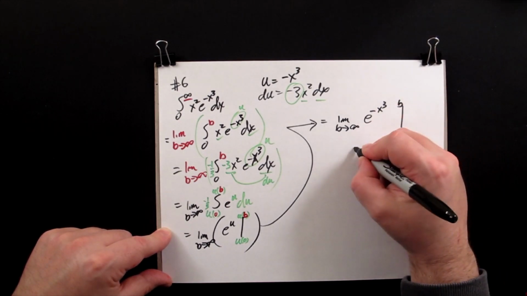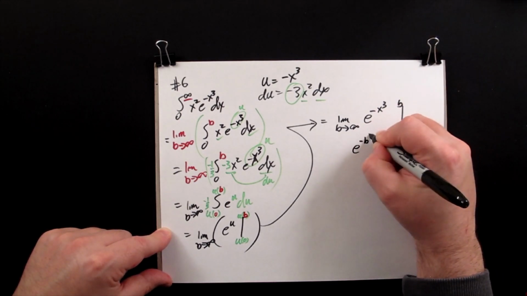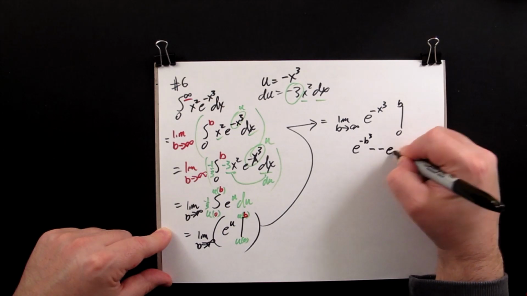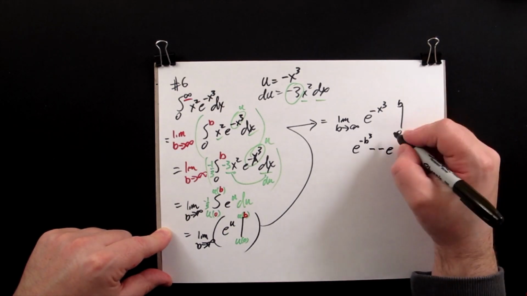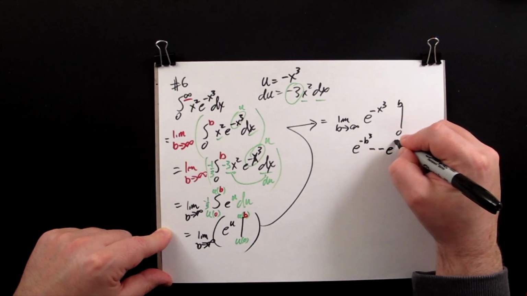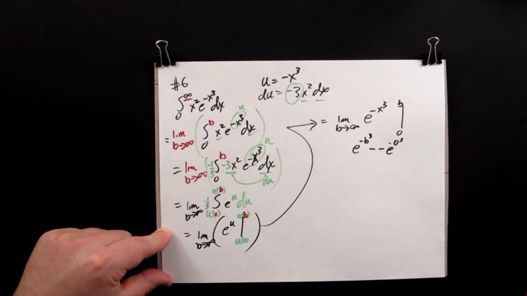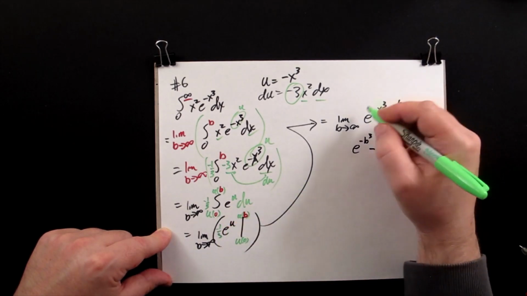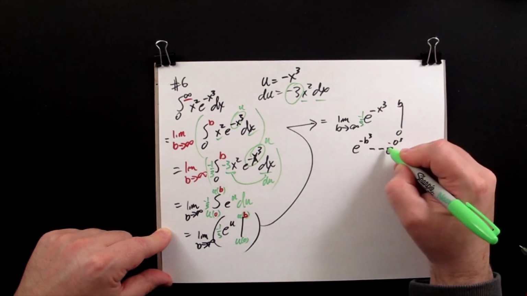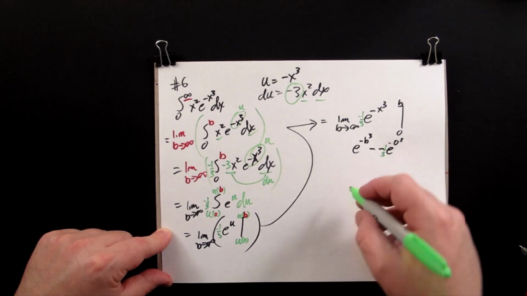Okay, plug into the antiderivative, so e to the minus b cubed minus e to the minus 0 cubed. Okay, so there needs to be a minus 1/3 there, minus 1/3 here, minus 1/3 there.